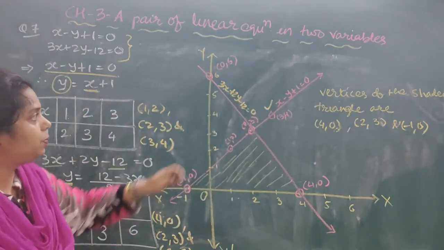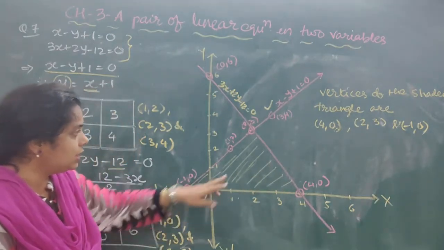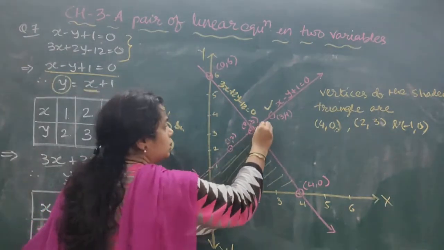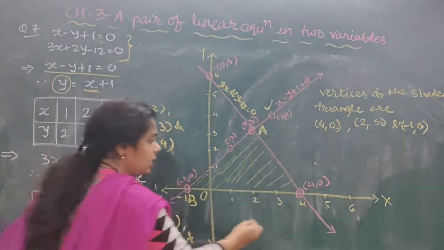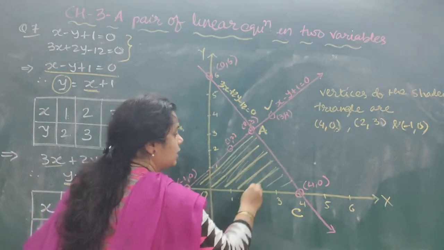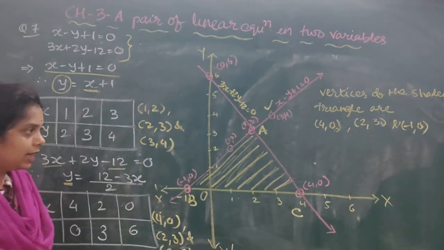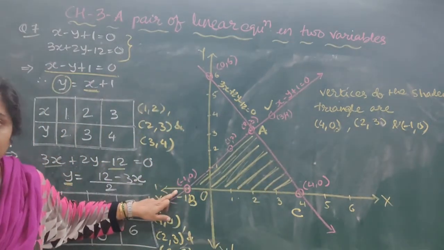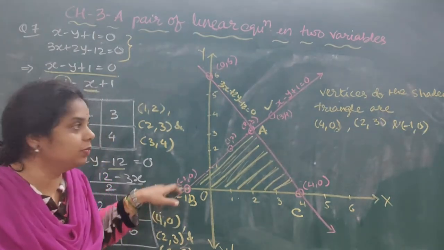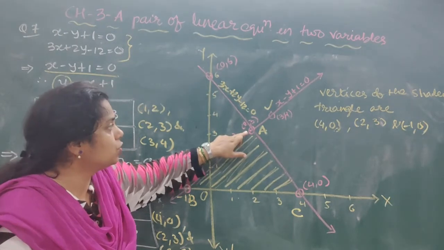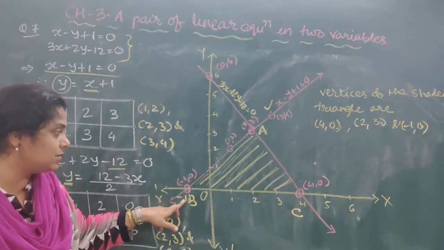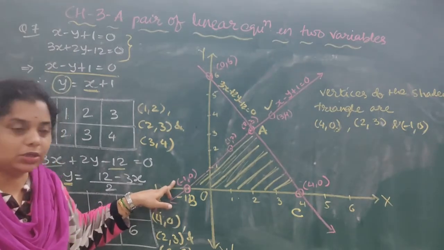So after plotting the graph, you can see here this is the shaded region. If I give the names A, B and C, you can say that this is the triangle ABC we get by the intersection with the x-axis. And if they ask for the vertices, it means you have to write down the points. So here the intersection point is (2, 3). On the x-axis, the intersection point is (minus 1, 0).